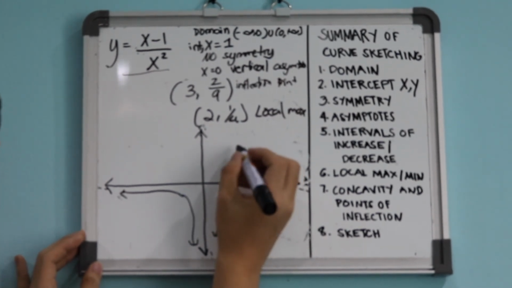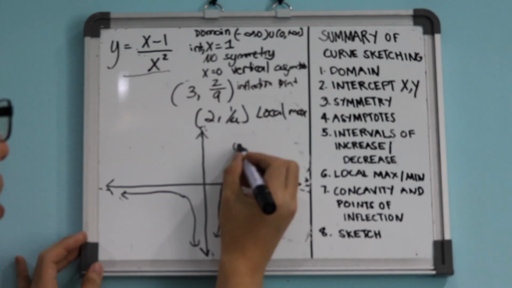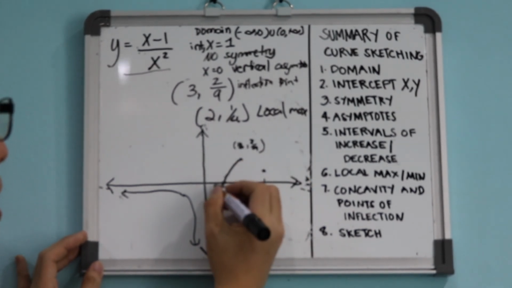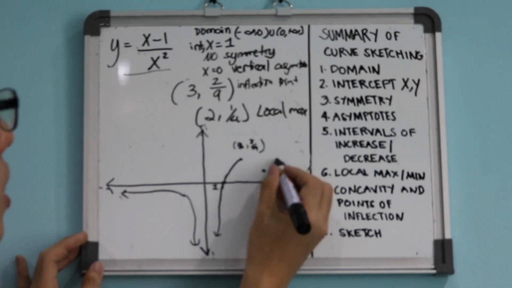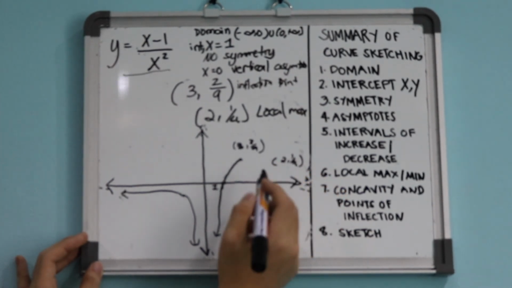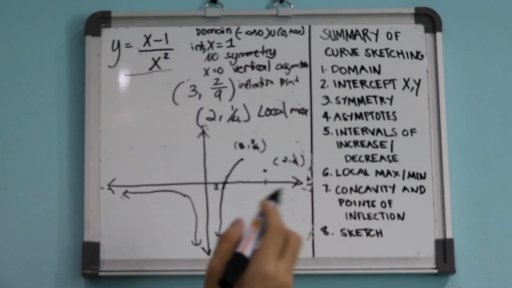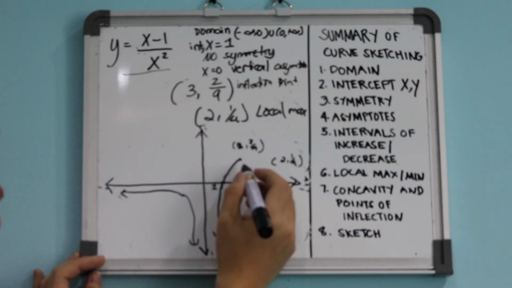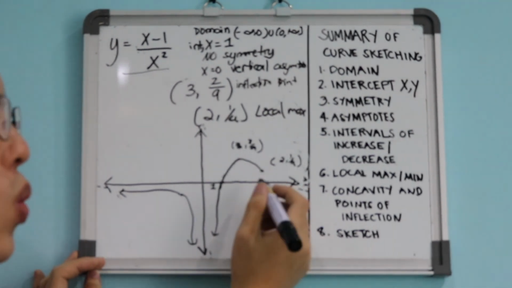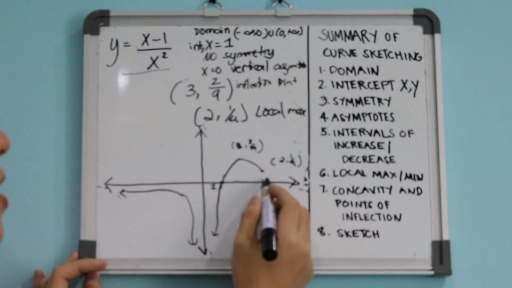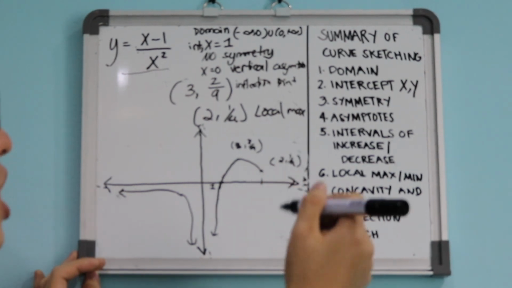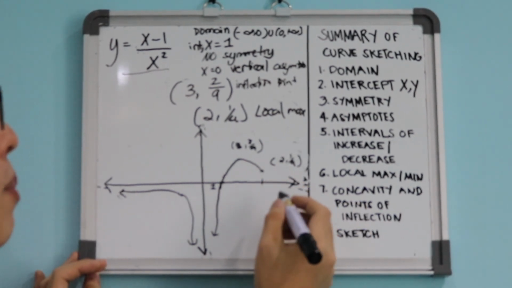So this is the point 3, 2/9, this is the x-intercept 1, and this is 2, 1/4, the local max. And from 0 to 3, it is going down, so here it is going down, and from 3 to positive infinity, it is going up again.